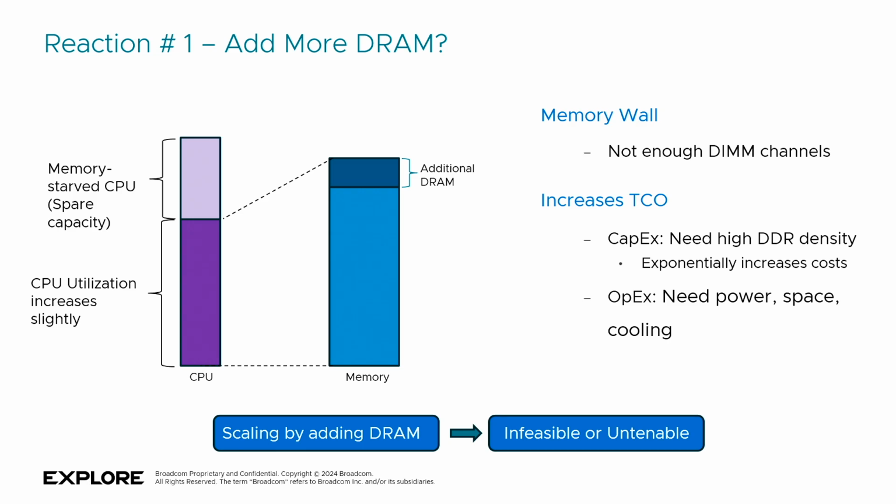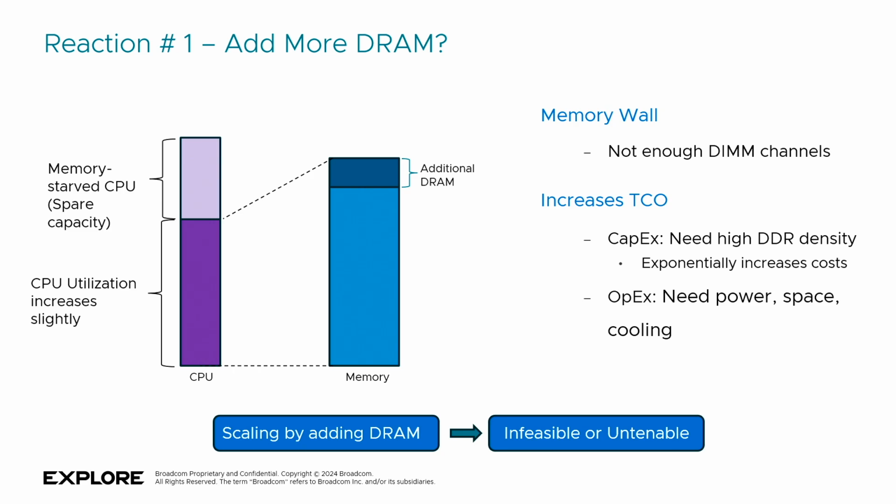So it's far more expensive and it increases the TCO actually. So it's not as simple as taking out your lower capacity DRAM and populating 128 gig DRAM. It leads to a much bigger cost. Plus all this needs extra power and cooling, etc.